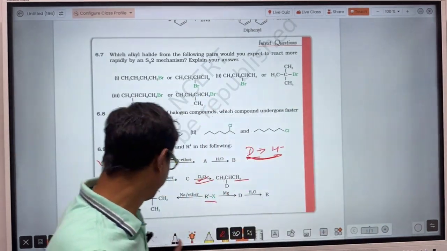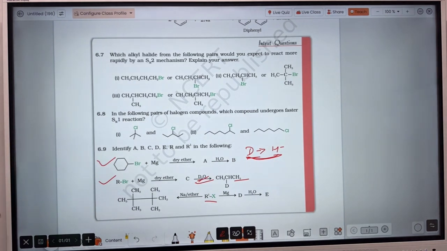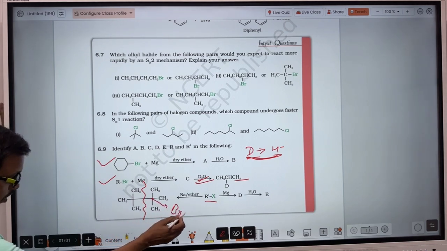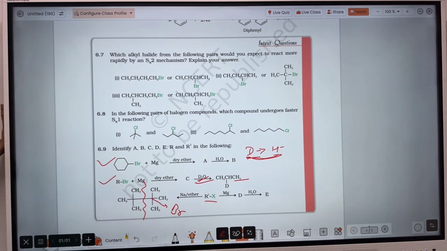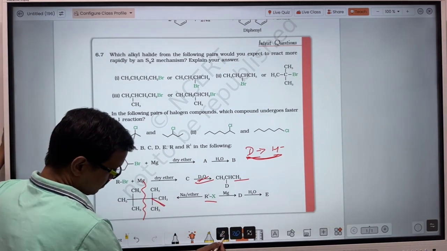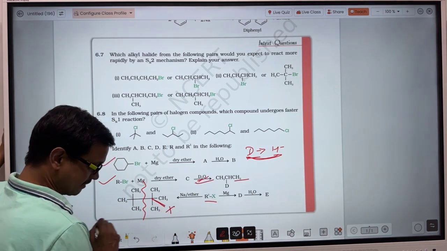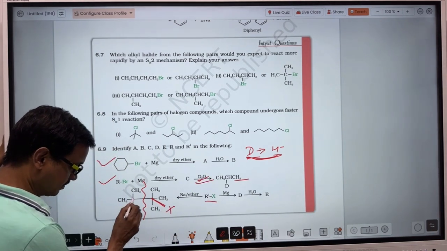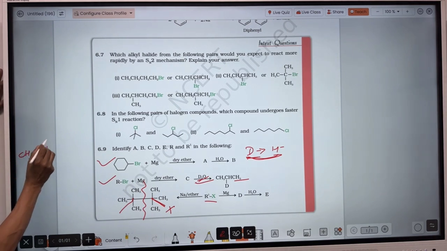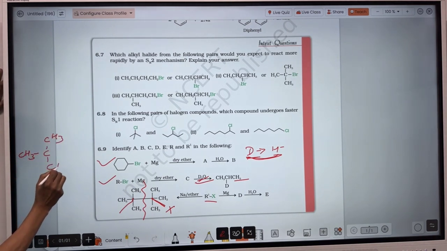That means if you divide the alkane formed into two equal parts, that will be the haloalkane. If you attach bromine or any other halogen to this carbon, this will be the haloalkane. In the same way here also, the structure of that alkyl will be CH3. The haloalkane will be that.